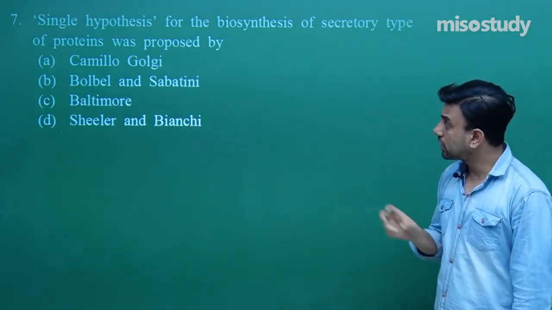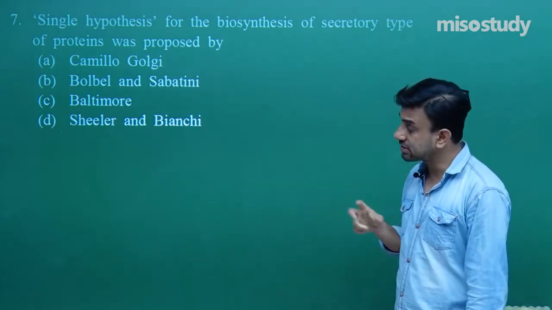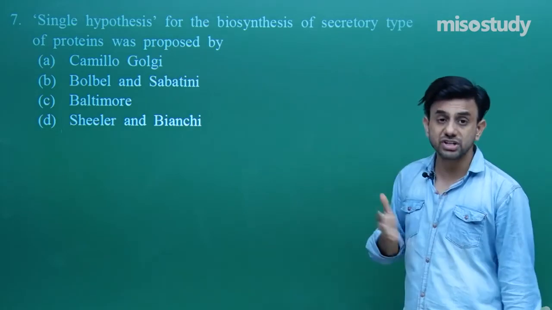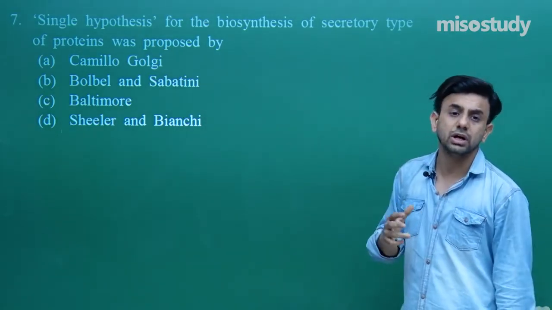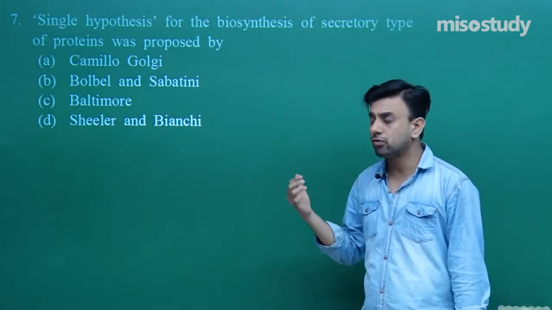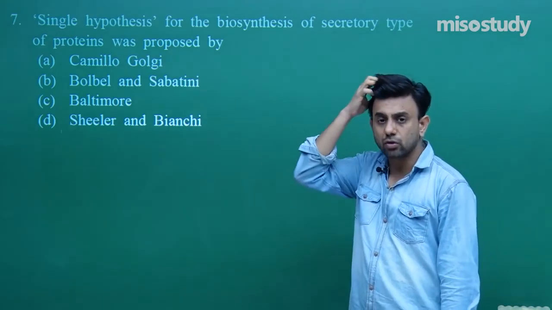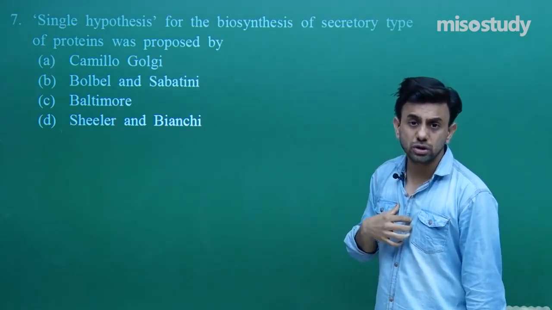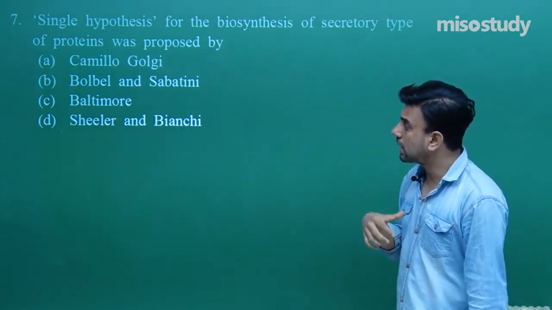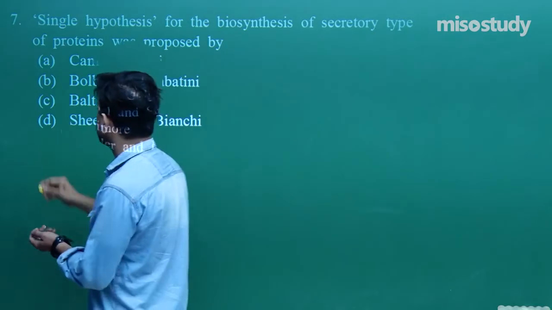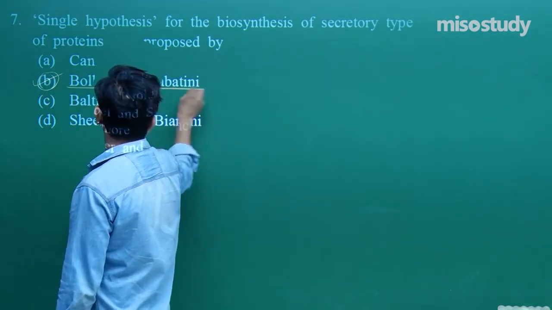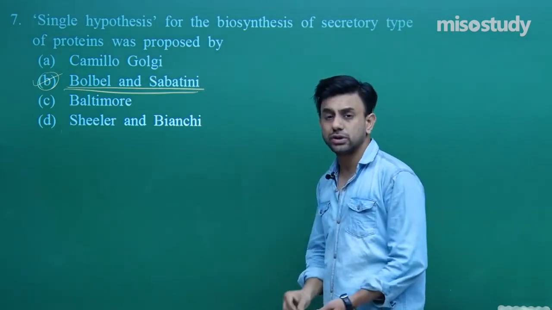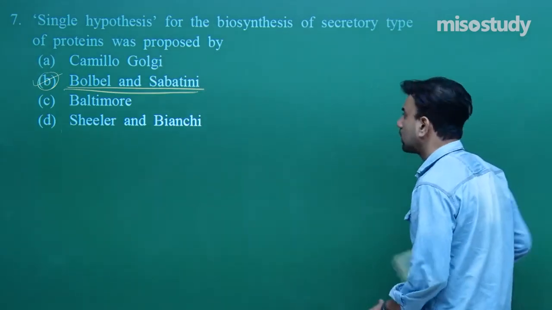So there was a signal amino acid hypothesis, which said that there is an amino acid sequence at that particular site which will guide the protein to its end where it has to reach, and that was given by Blobel and Sabatini. Right, the signal hypothesis.